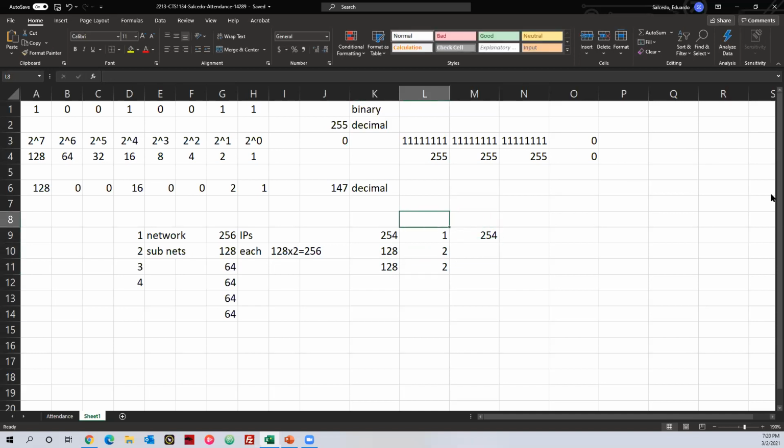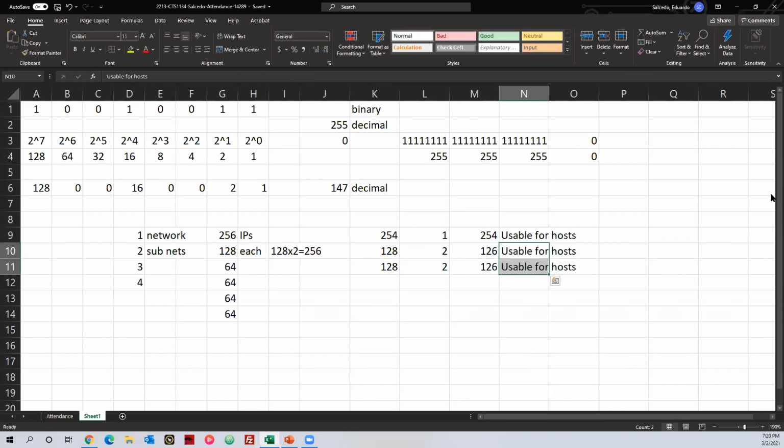So the number is reduced from 254 to what's half of 254? 127, 126. Oh, I see. So these are the usable for hosts, right?